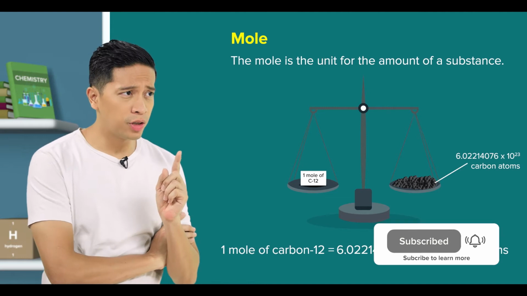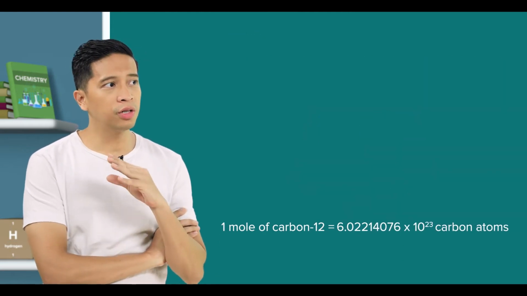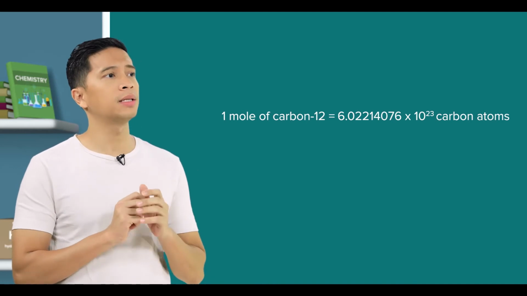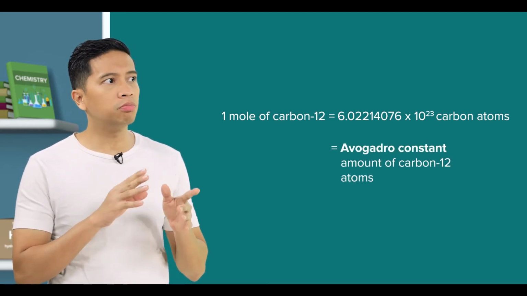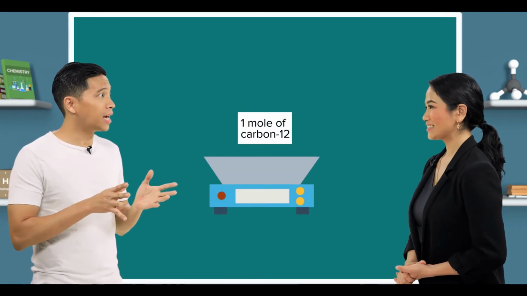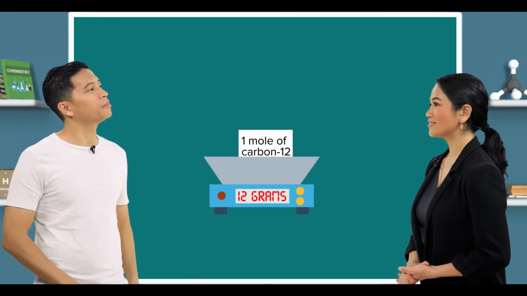And given what you said earlier, you could also say that 1 mole of carbon-12 elements contains the Avogadro constant amount of carbon-12 atoms. Correct. And you could also say that the weighing scale would show 12 grams. Correct again.